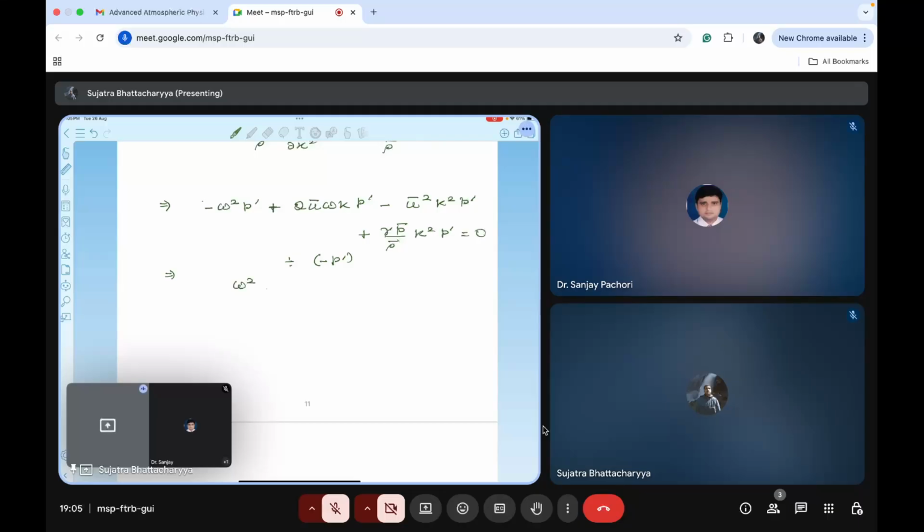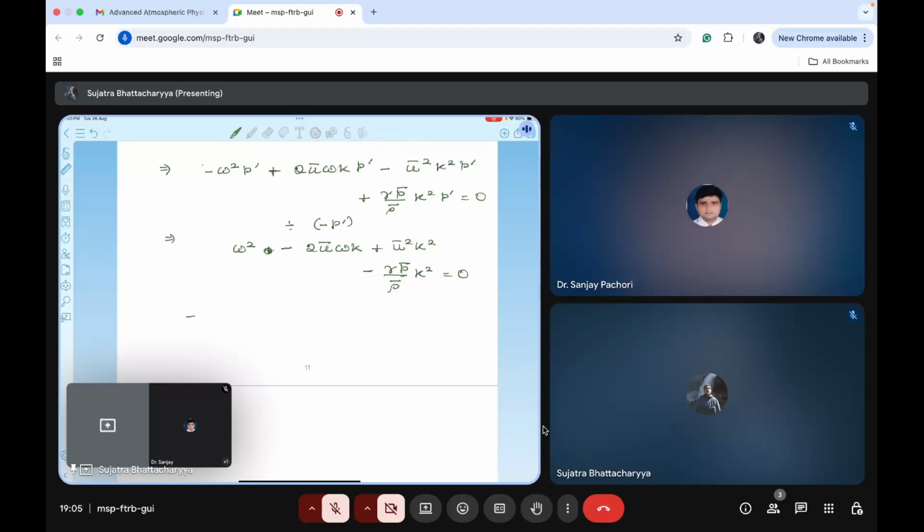If you do that, you get omega square, minus 2 u bar omega k, plus u bar square k square, minus gamma p bar by rho bar k square, equal to 0.